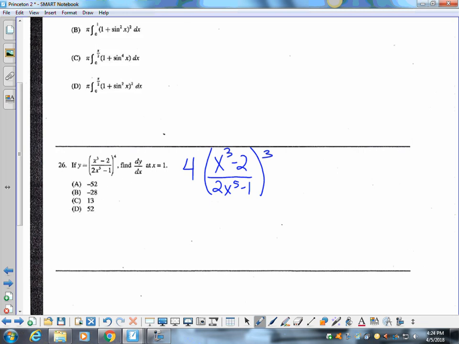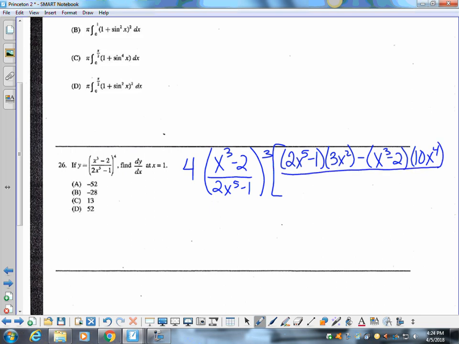There's your turkey. Now I got to do times the derivative of the inside, which is a high-de-low, low-de-high. So here we go. Starts low. Low, d-high, minus high, d-low. And again, I know I'm going fast. Feel free to pause it. Over low, low.